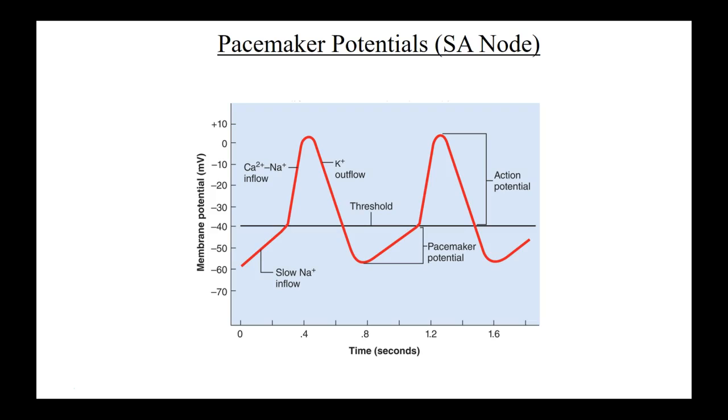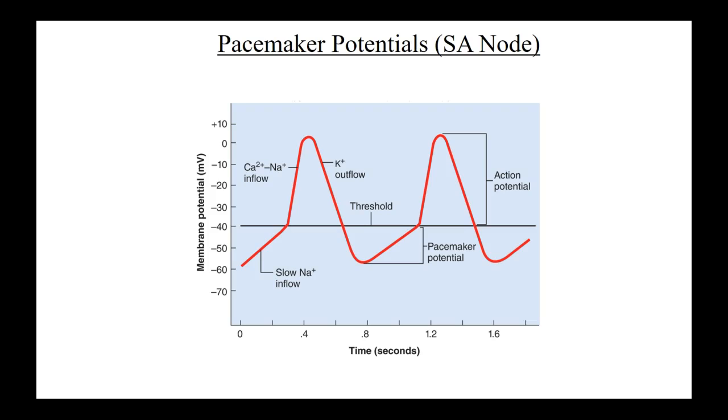Okay, so this is what's happening with these pacemaker nodes, especially the SA node. Remember with neurons, we had a resting membrane potential of negative 70 millivolts. The only time we moved from that resting membrane potential was when we had some sort of ligand-gated ion channel open or close.